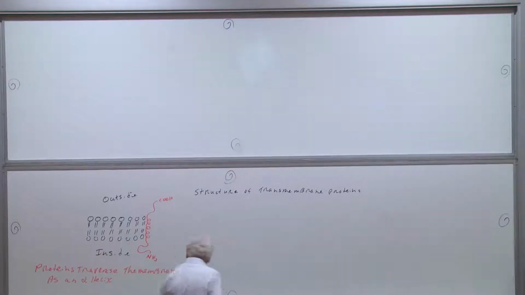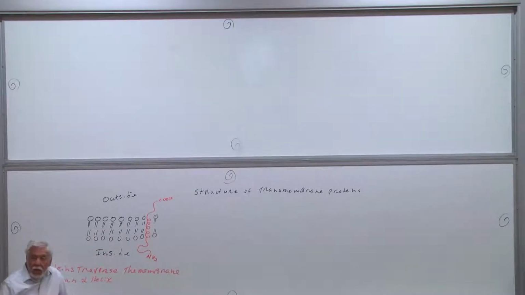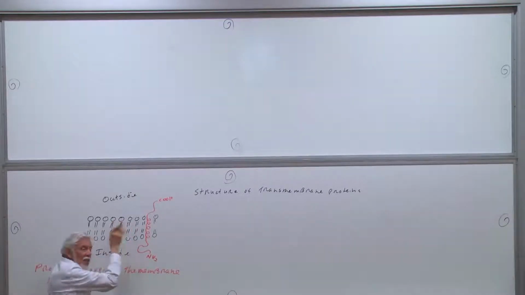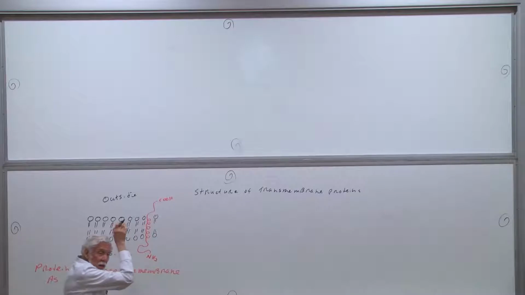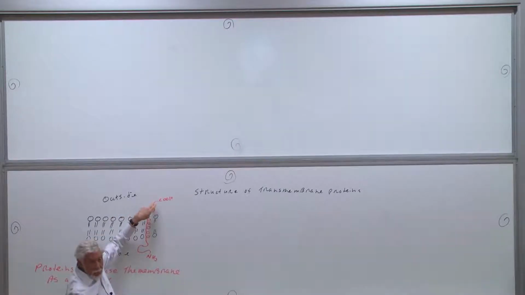Well, there are a couple of points I want to bring up here. First is that the alpha helical structure is embedded in this hydrophobic region. The fatty acid side chains, which are hydrophobic, are interacting with the amino acids that are spanning the membrane.